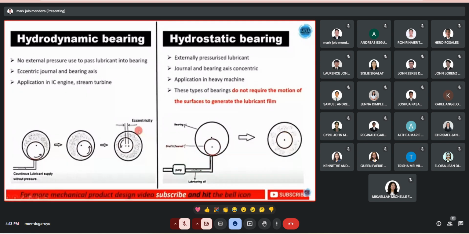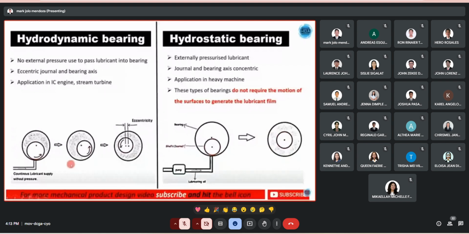You can see the difference here. In hydrodynamic bearing there is an eccentricity, but in hydrostatic bearing it is not eccentric. Here we are passing pressurized lubricant, and in the hydrodynamic bearing we are passing the lubricant at atmospheric pressure. There is no pressure we are applying.